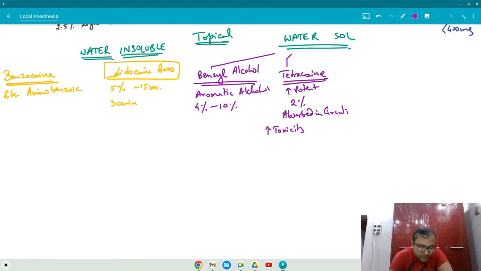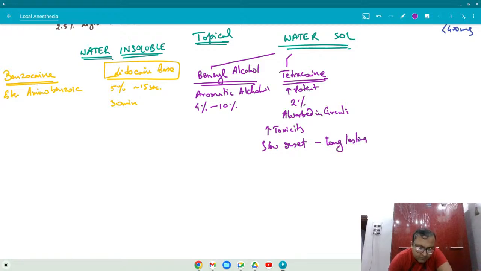Now, if it is getting absorbed in circulation more and more, naturally the anesthesia will take a little bit of time to kick in. So here we can say the anesthesia is going to be slow onset of action, but long lasting.